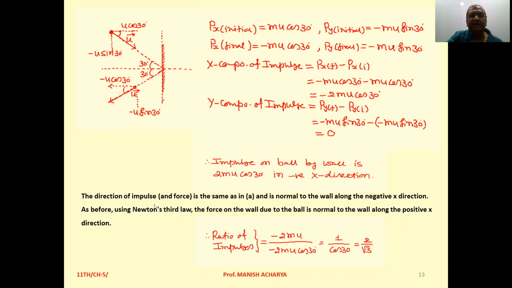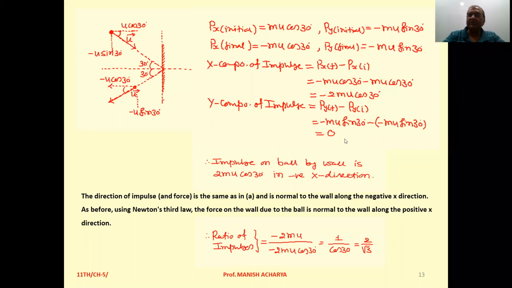Again, the direction of the impulse is the same, normal to the wall along the negative x direction. Again, if we use Newton's third law of motion, then the force exerted by the ball on the wall is the same but in the opposite direction, in positive x direction.